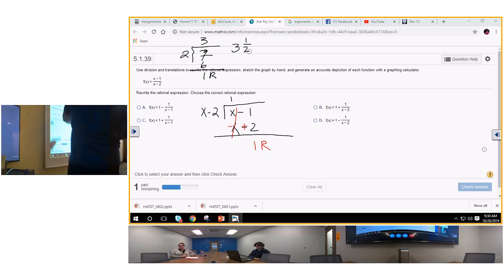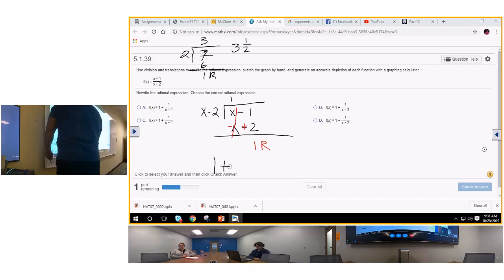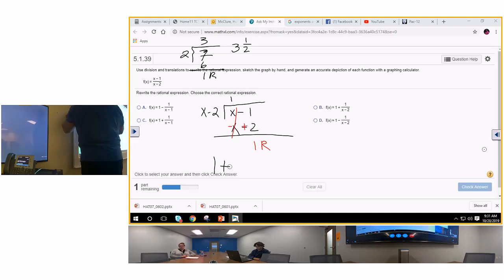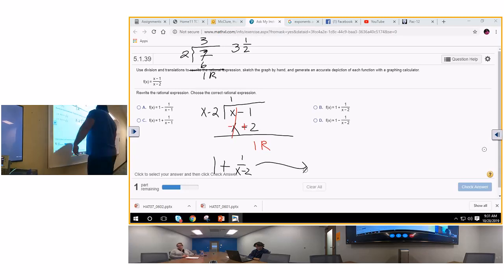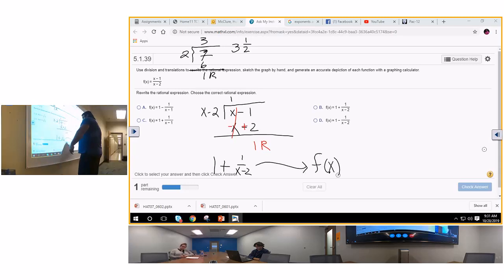So we took the 1, so that's going to be 1 plus 1 over x minus 2. But that's not the way we need to write it. We need to rewrite that. F of x is equal to 1 over x minus 2 plus 1.